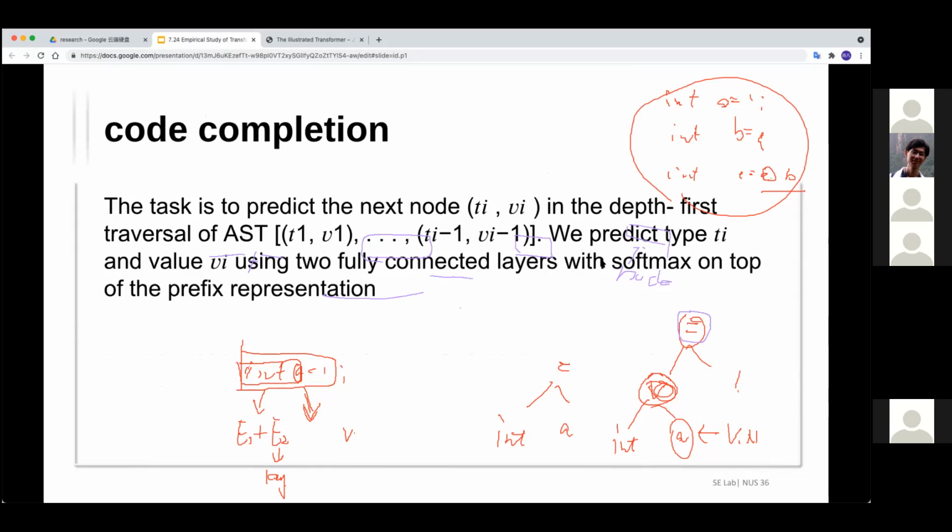The first is that code representation is always a problem. I think the transformer is a very powerful model for us to work on very different kinds of software engineering tasks: code completion, debugging, or code summarization, etc. But how to effectively represent trees or code is still a very open question. In this paper, they look into the AST.